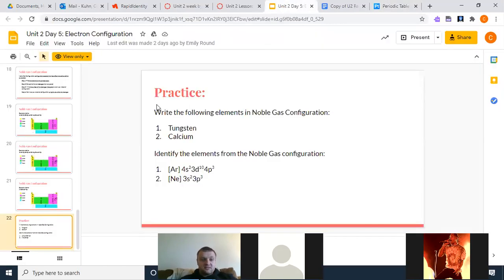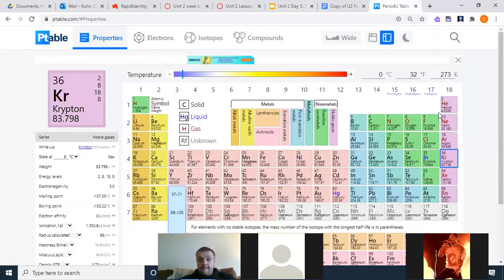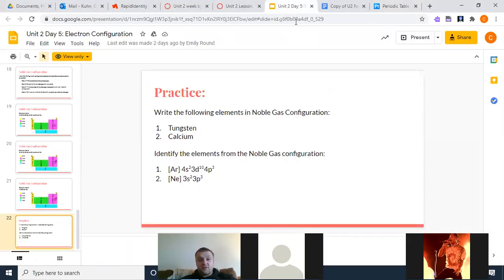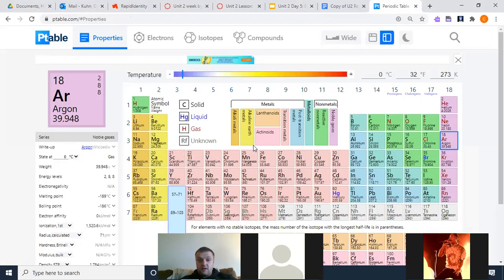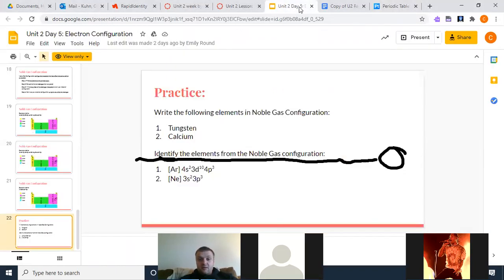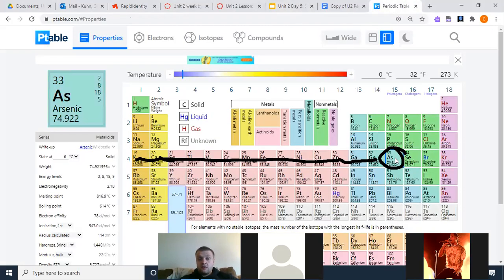The first one says you start at argon. So argon's right here, and then you go 4s, 3d, and 4p3. We know that we're in the 4th row. You're going 4s, 3d, and then 4p, 1, 2, 3. If I was to ask you which element this is, you would tell me arsenic.